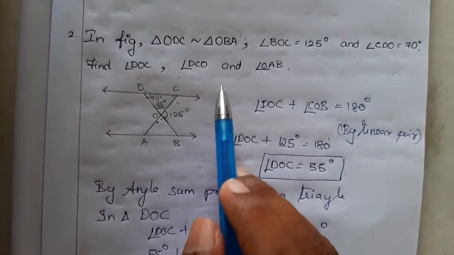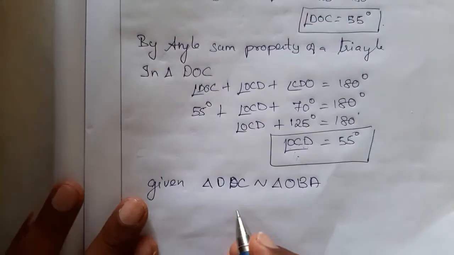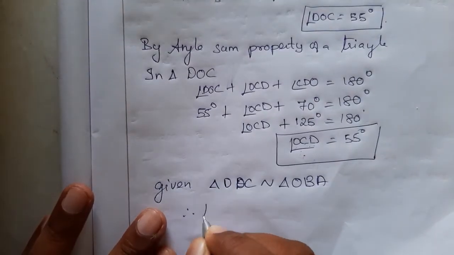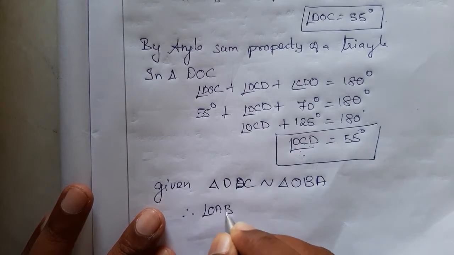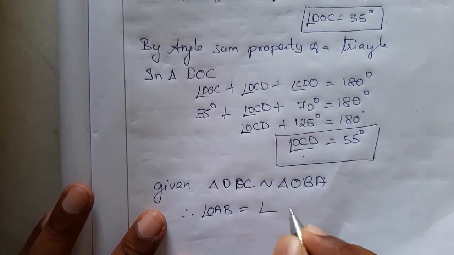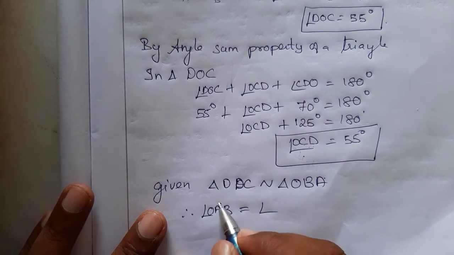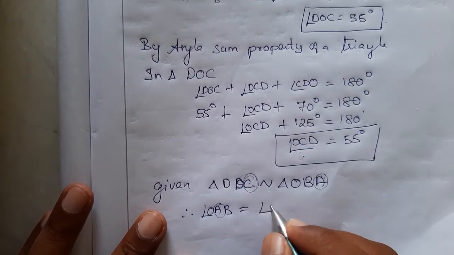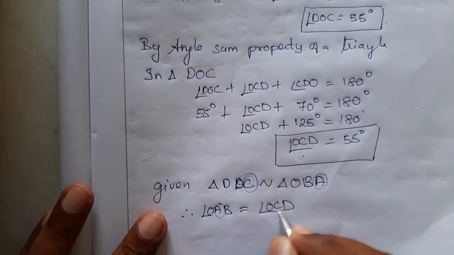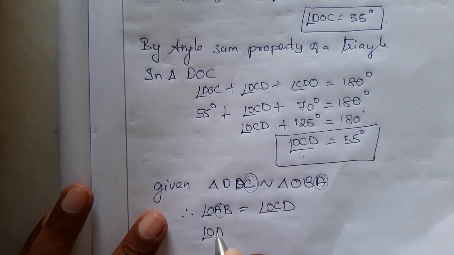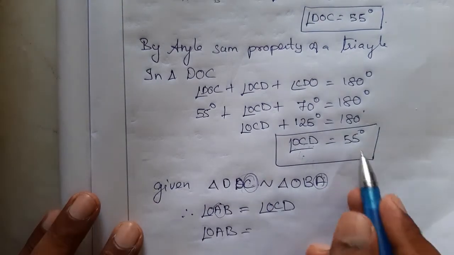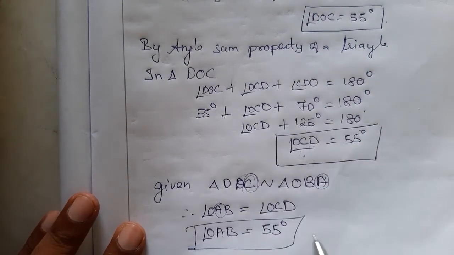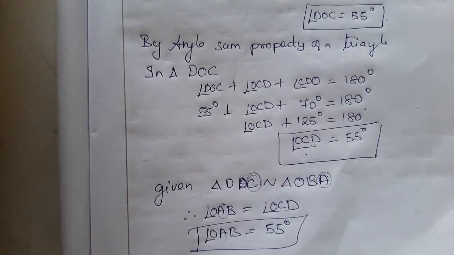So here they are asking to find angle OAB. Therefore angle OAB must be equal to angle OCD, which is 55 degrees, which we have already found. The third is also proved.